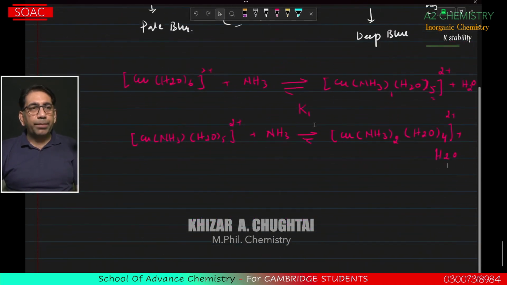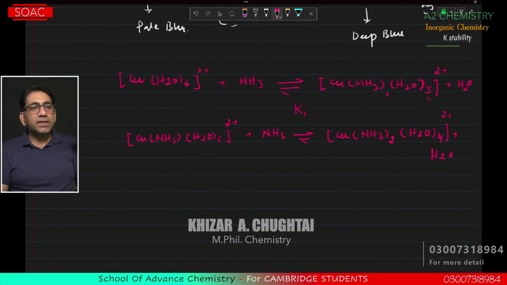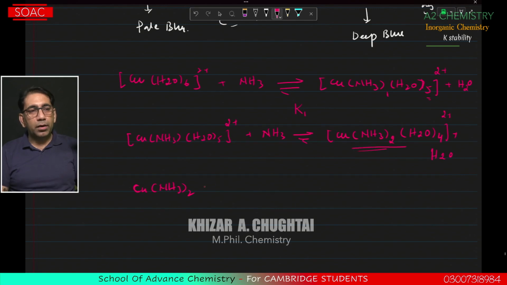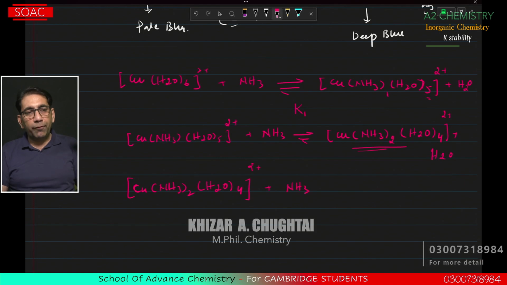What is the next step? What could it be? In the next step, Cu(NH3)2(H2O)4 2+, starting from here, this complex is going to further react with one more mole of NH3.